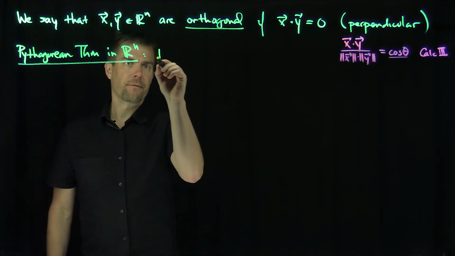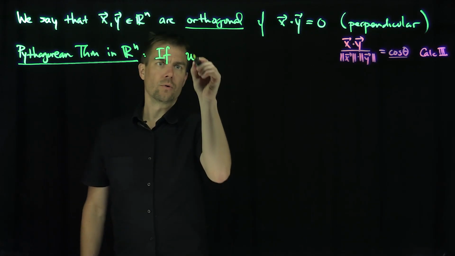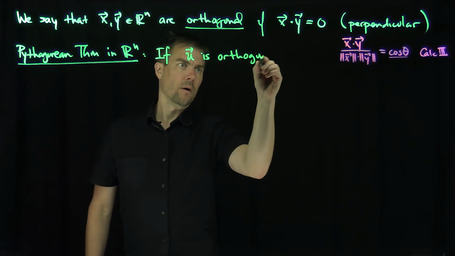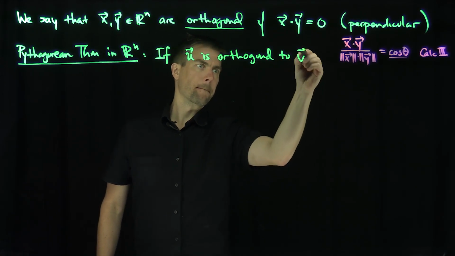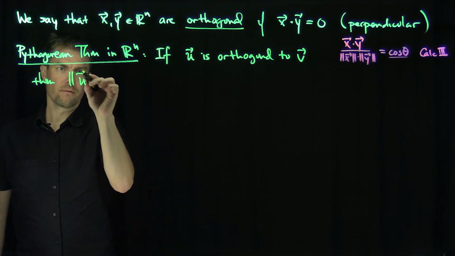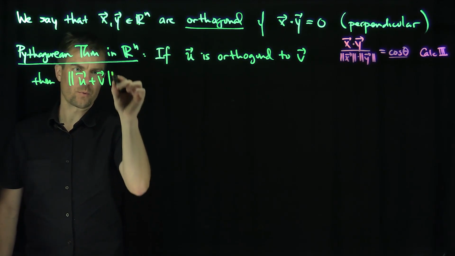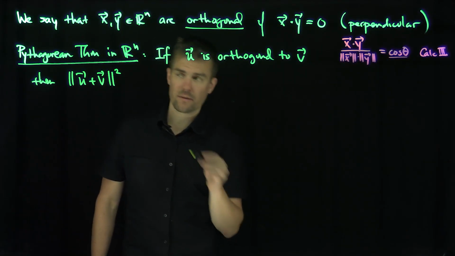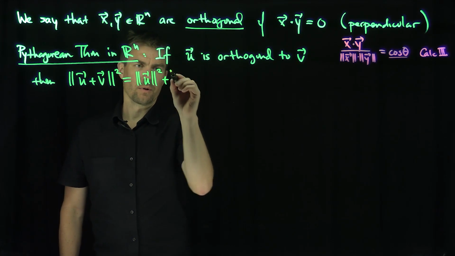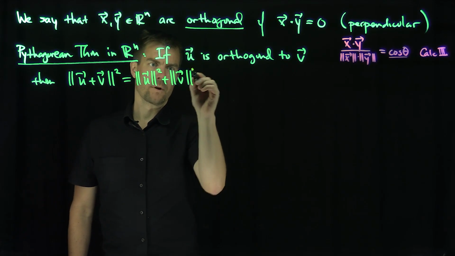This says that if U is orthogonal to V, then the length of U plus V quantity squared, that's the side length of the triangle, is going to be the length of U squared plus the length of V squared.